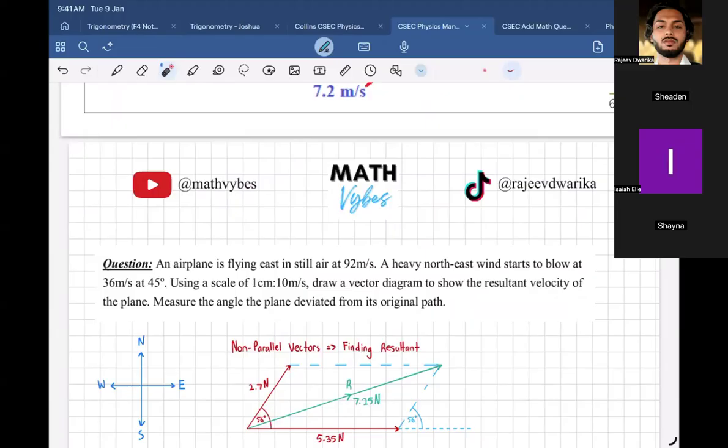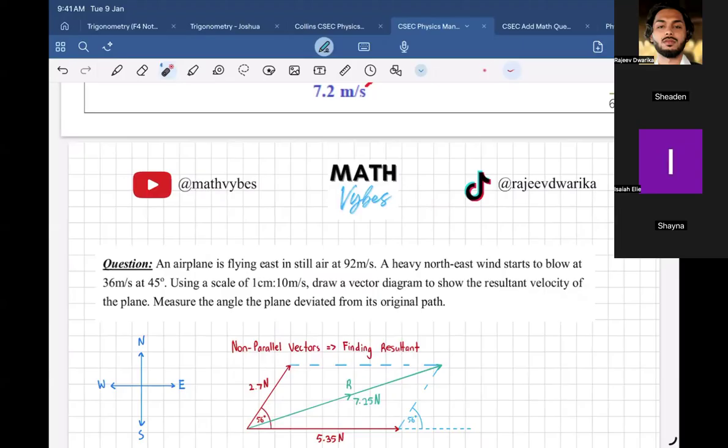So you made two mistakes. I'll go over it with you. Number one, the units for this particular question was meters per second, so not newtons. Number two, if you draw a scaled down diagram, a scaled down version, then to get back the actual value, what would you have to do at the end? Convert it back to the original. Right. If 1 centimeter is 10 meters per second, then you'd have to convert that back, so you'd have to multiply that by 10.